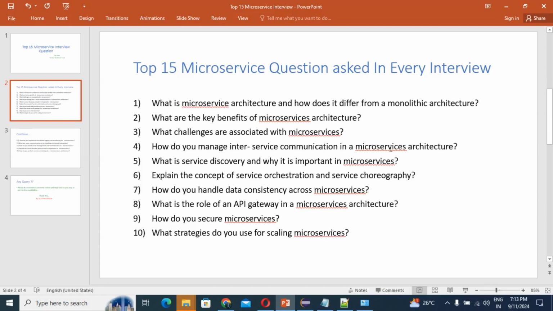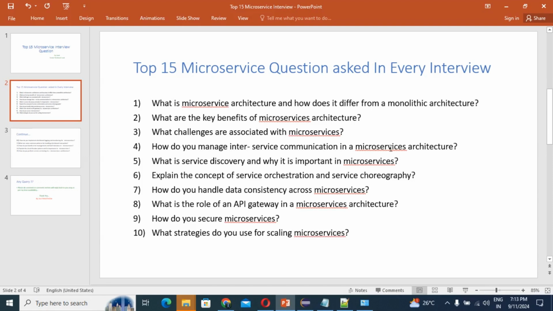Next point, gRPC. gRPC is a high-performance open source RPC framework that uses HTTP for communication. With the help of that, you can also do inter-service communication.